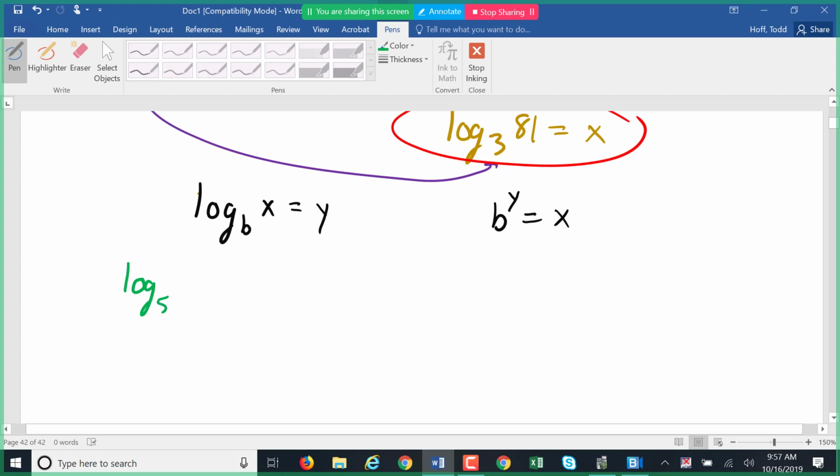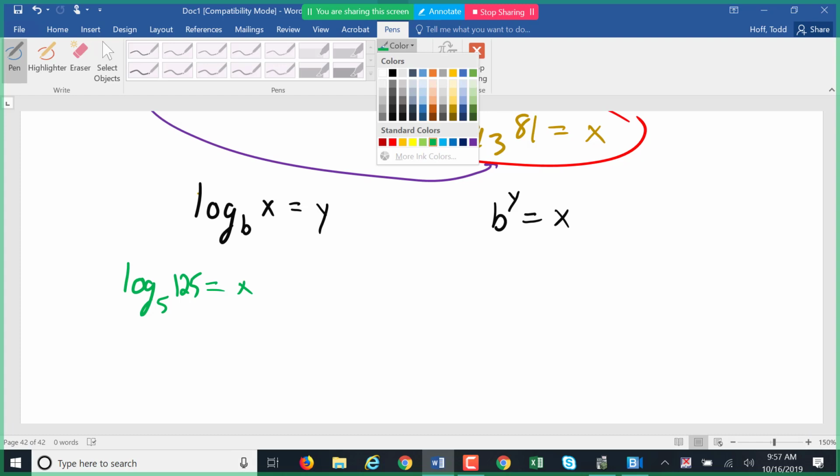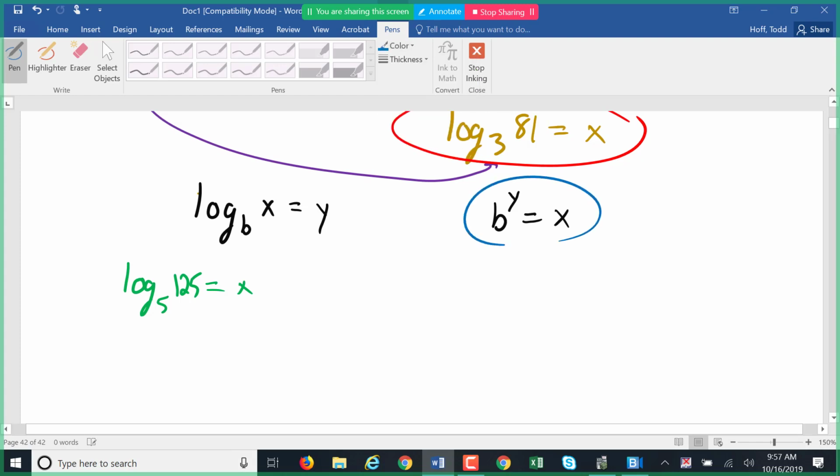Log base 5 of 125 is x. I convert it to that exponential form. This is saying 5 to the power of x equals 125. Well, I know 5 to the third power equals 125, so I know x equals 3.